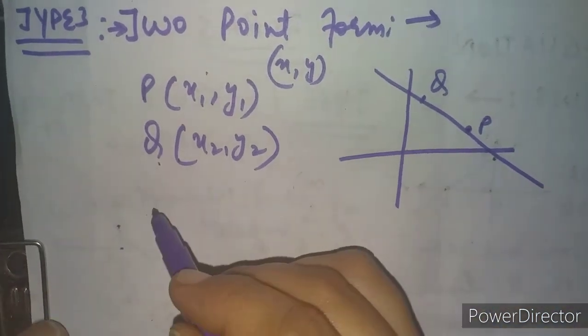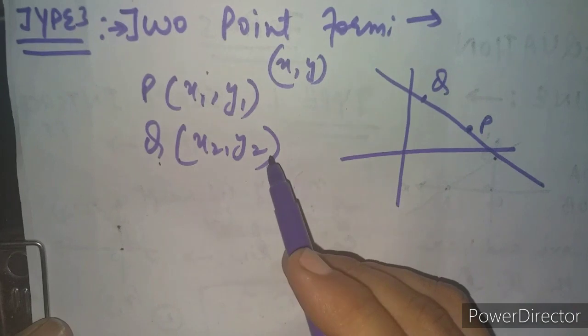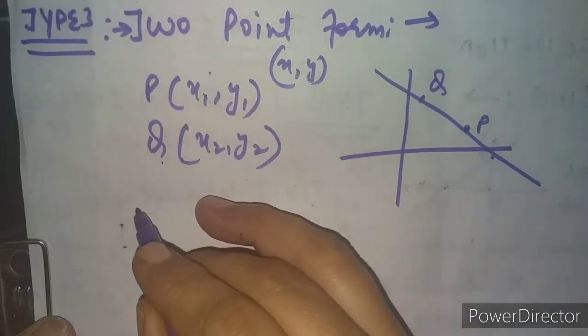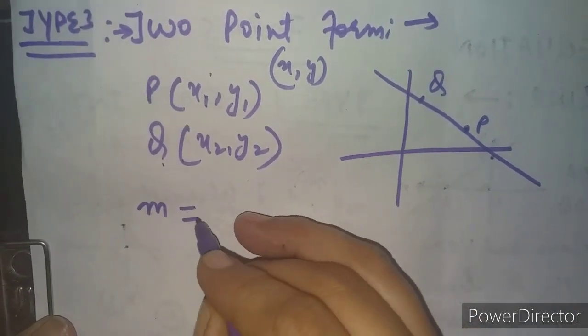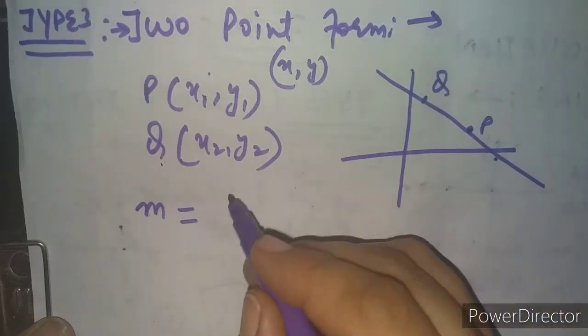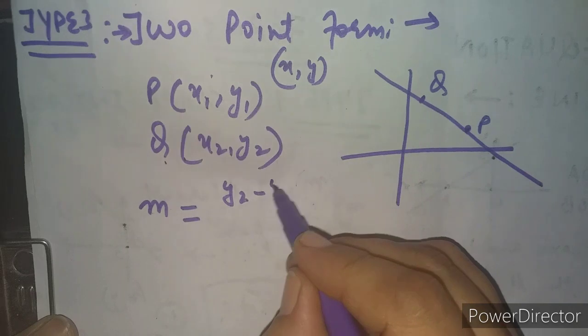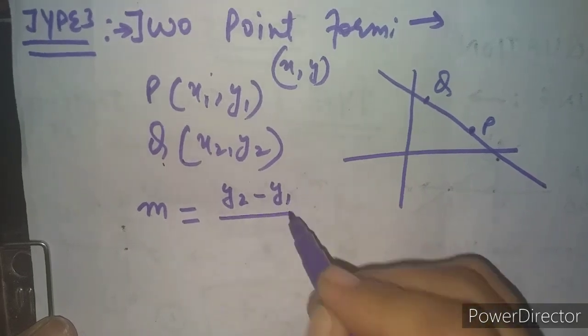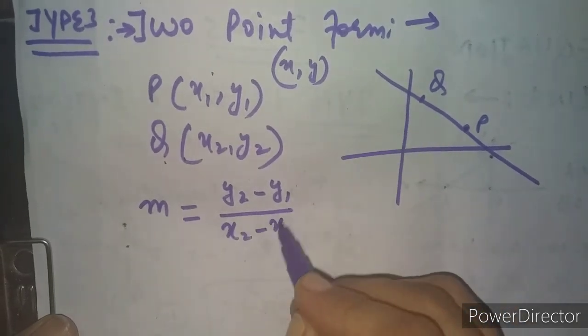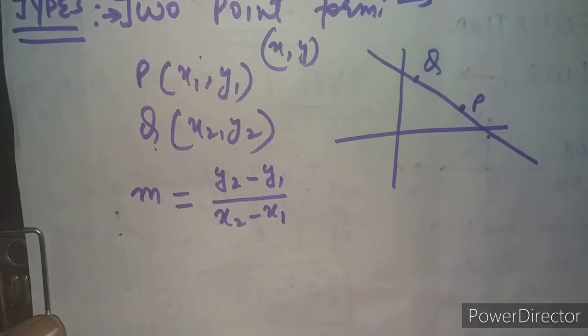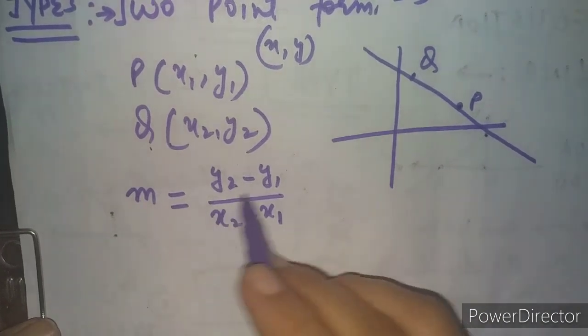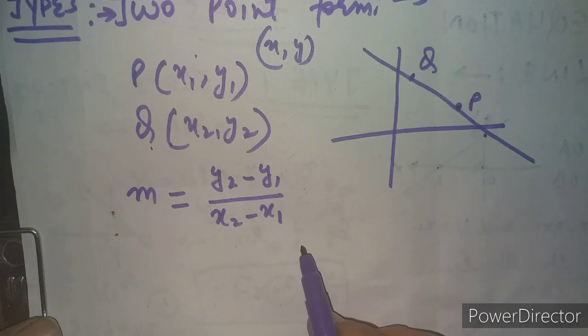All of you remember, whenever 2 points with their coordinates are given, we always take their help for finding the slope of that line with the formula. All of you know that the formula of slope of a line is the difference of ordinates divided by the difference of abscissas. Everywhere we are using this formula, difference of ordinates divided by difference of abscissas.